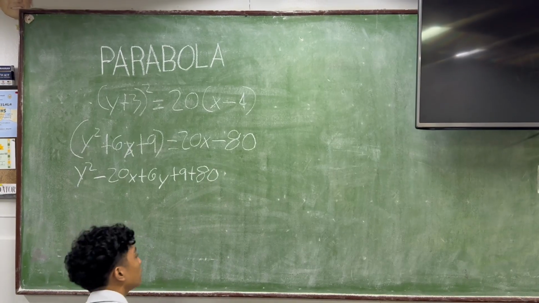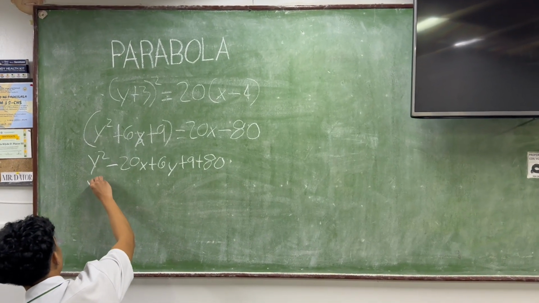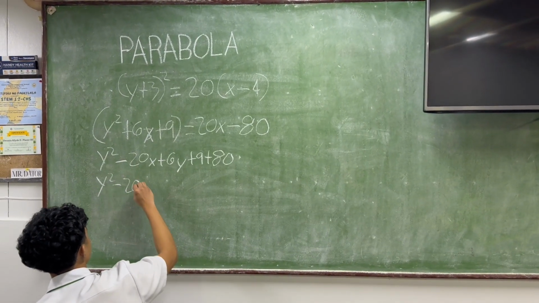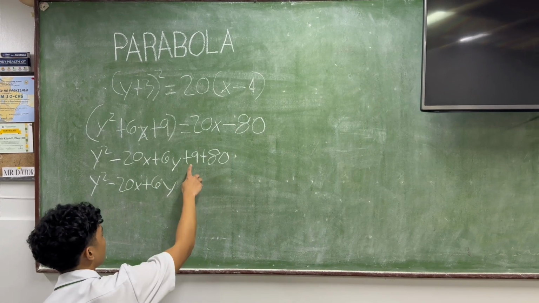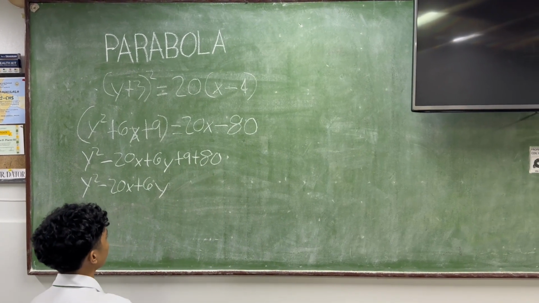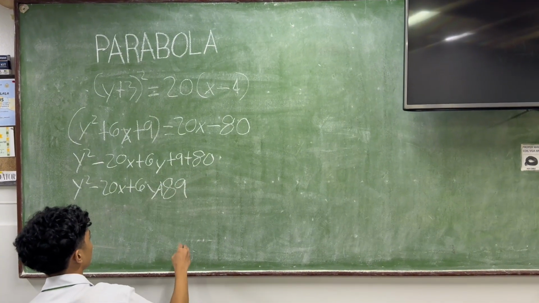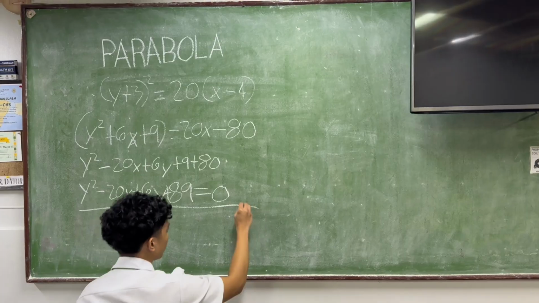We can now add the constant terms. So, y squared minus 20x plus 6y, and 9 plus 80 is equal to 89, equals 0. Now, we have the final answer.